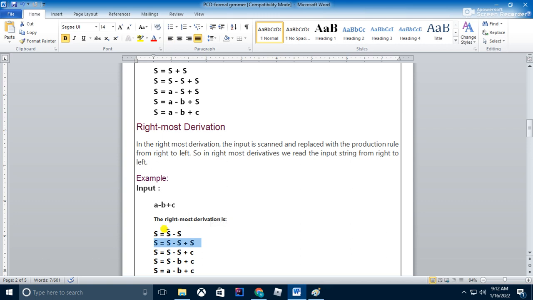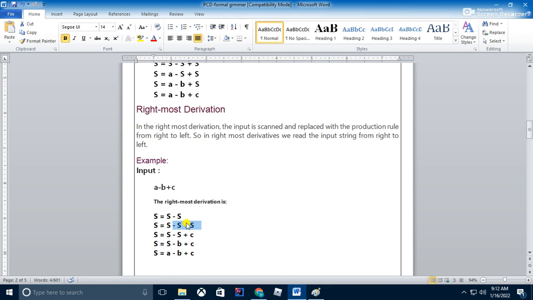So we are starting with the rightmost symbol in the given production rule. We have this S on the left side and this one on the right hand side, and we start replacing this one with the production rules. So S = S - S, so S - S + S. We have started with this rightmost input symbol, so that's why we have replaced this one with S. Then we are going to derive the input string a - b + c.